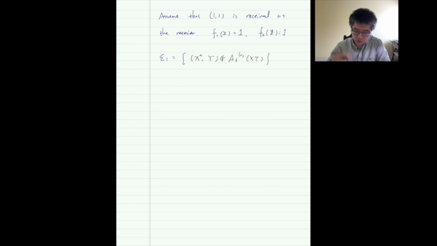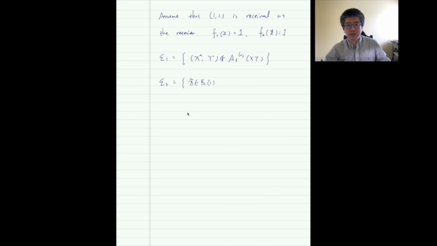If they are not in the typical set, then we have to be in error. The second error event is that there exists another x, denoted as x tilde, that is in B11.